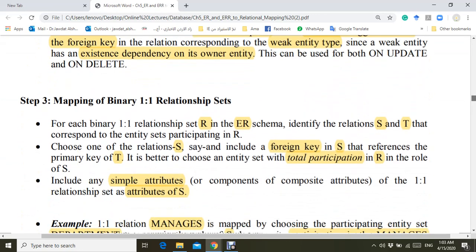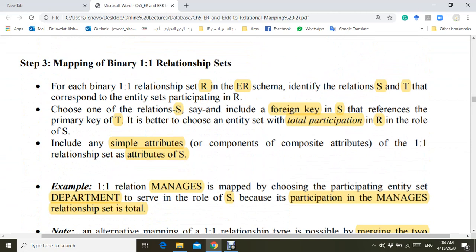We took mapping one-to-one relation sets. So in the one-to-one relationship, we choose any of the relations.